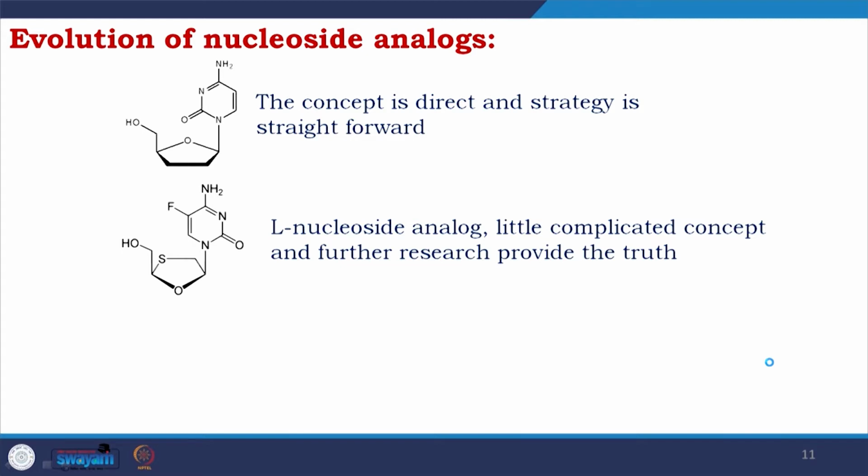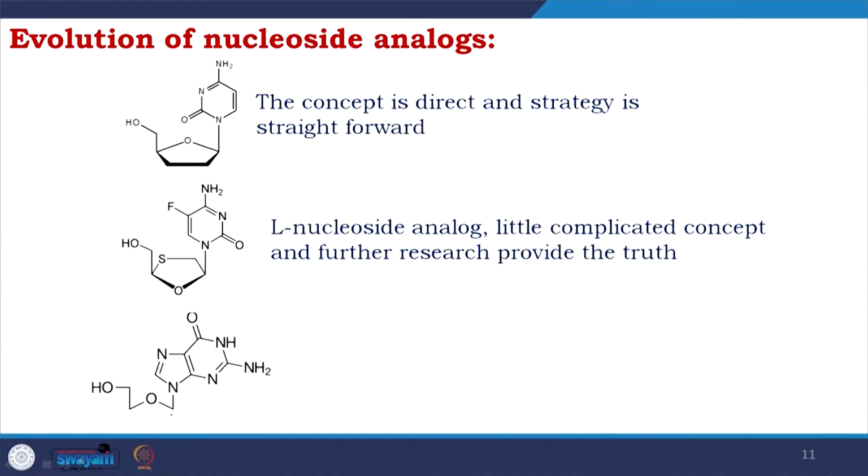And then coming to the third type of molecule, which is a wonderful antiviral, specifically working against herpes simplex virus. This is called acyclovir, ganciclovir, penciclovir. They are a series where the sugar molecule, the chain, the base is taken out.